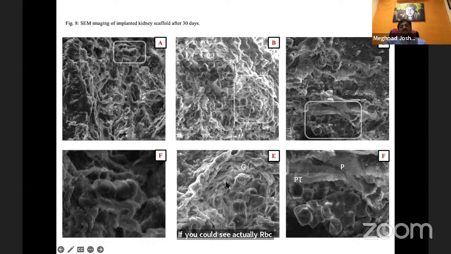For example, proximal and distal tubules, tubular cells are being well organized. So this is just a good sign that the developed scaffold has the ability to recruit rat specific cells, and this could be an ideal candidate for the development of a kidney, which can be important for human size.